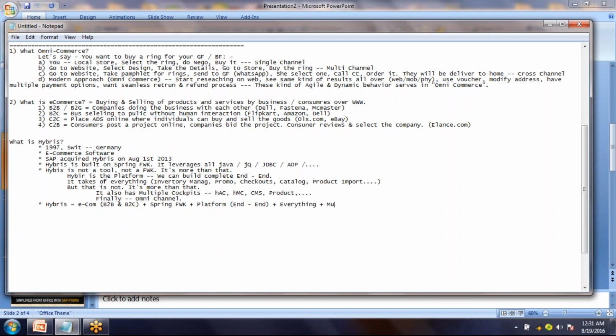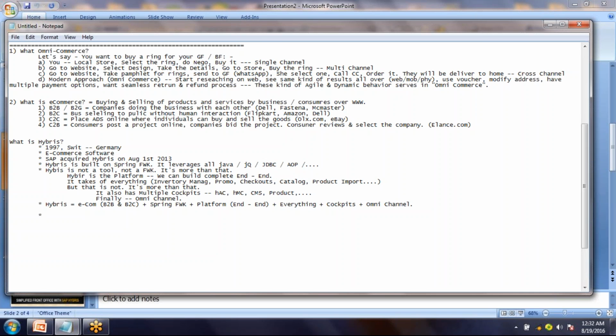It also has multiple cockpits, which are additional components that help you do tasks easily. And finally, it's omni-channel. These are all the things you need to talk about if you want to define Hybris.